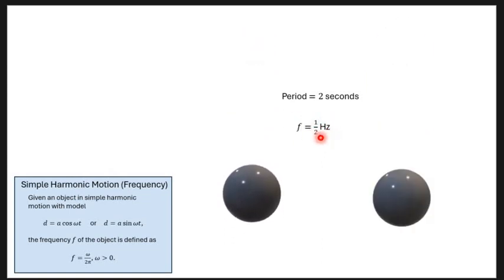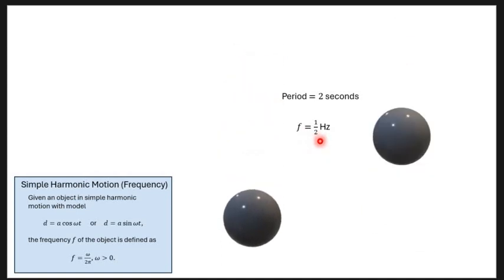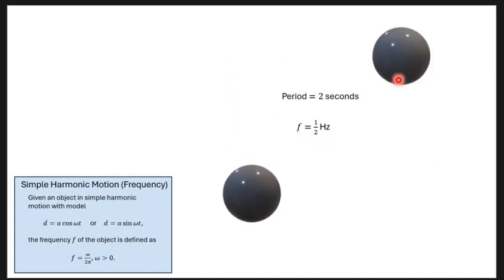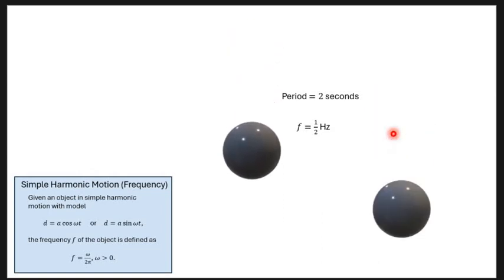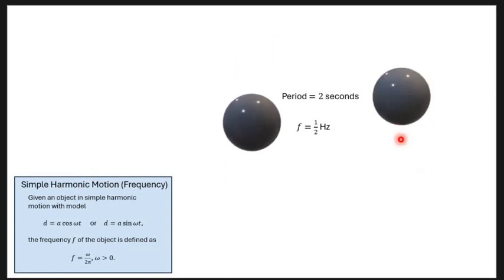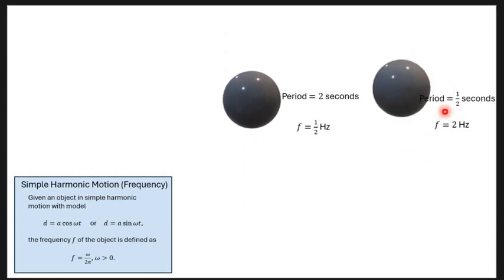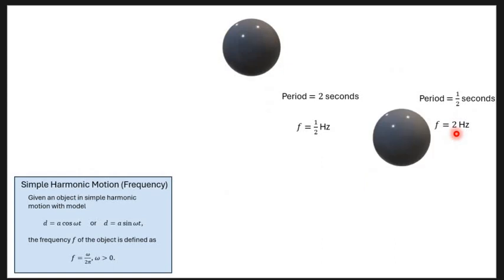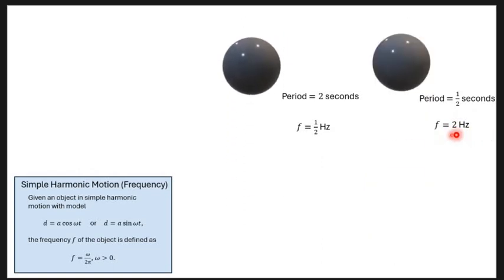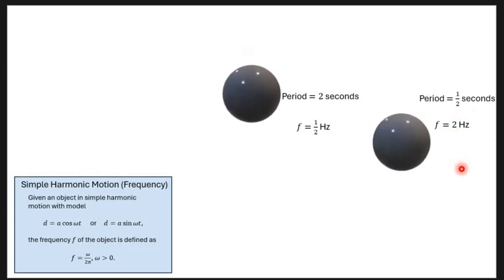So the frequency would be half of a hertz. On the other hand, this ball completes one full cycle in a half a second. So because it completes one full cycle in a half a second, it actually does 2 full cycles per second. So the frequency is 2 hertz, 2 cycles per second.